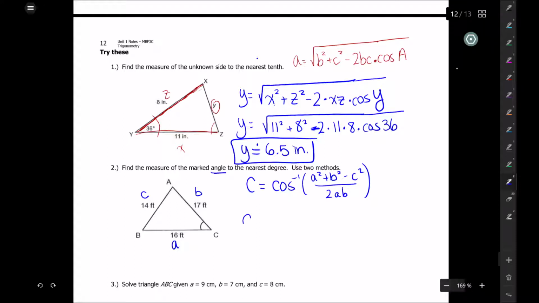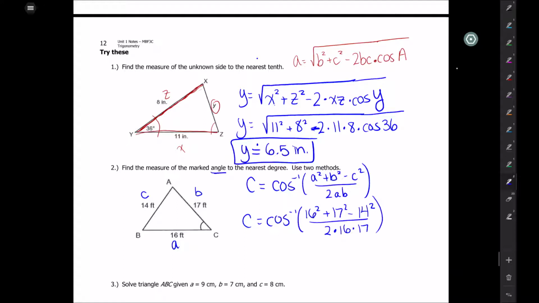Okay, so let's go ahead and fill in that information right here. So we know that A is 16, so we'll do 16 squared. We know that B is 17, so we'll do 17 squared. And we know that C is 14, so we'll do 14 squared all over 2 times A, which is 16, times B, which is 17. Okay, so let's go ahead and figure out what this numerator is going to be.